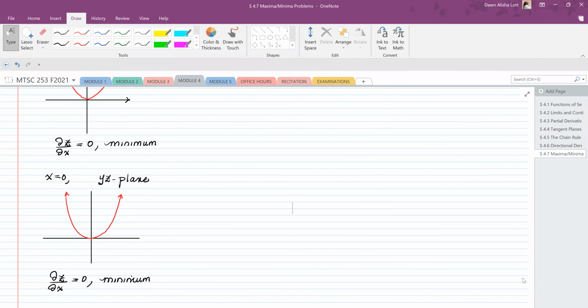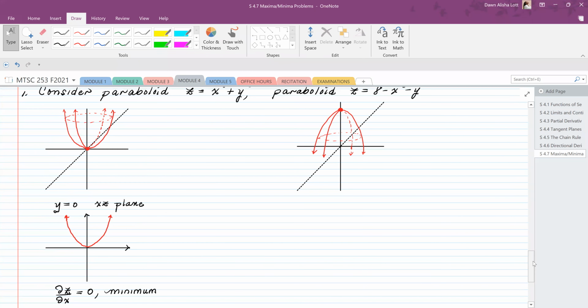Okay. All right. So let's do this case. So in this case, I can do the same thing. All right. So if y is equal to 0, and I'm in the xz plane, I'm going to get something that looks like this.